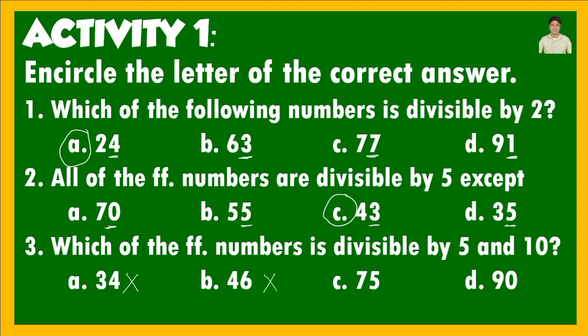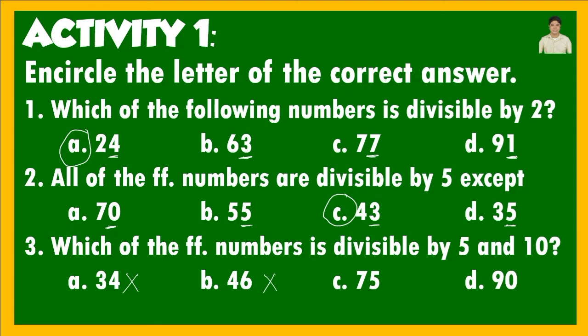So, kung titignan natin yung mga choices, hindi po kasama sa option natin yung letter A and letter B. Kasi, kung divisible by 5 ang pag-uusapan, hindi naman po yan nag-e-end sa 5. Next, ang natitira na lang po nating choices, letter C, 75, and letter D, 90. So, divisible by 5 yung 75, as well as yung 90. Pero, kasama yung 10. Okay, so yung 75 ba, pwede nating i-divide sa 10?